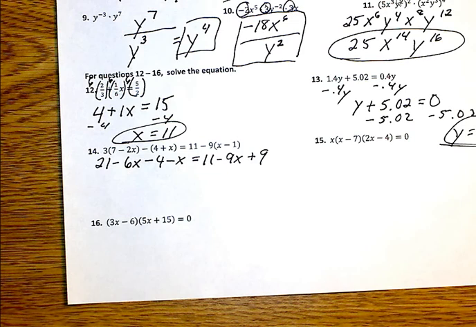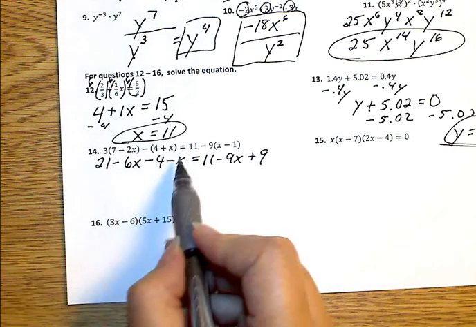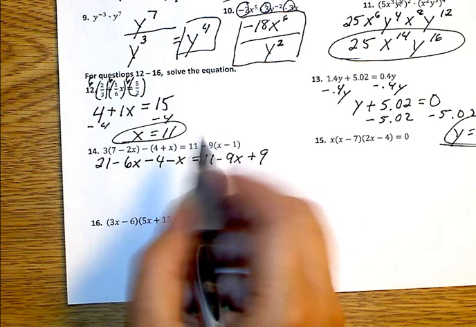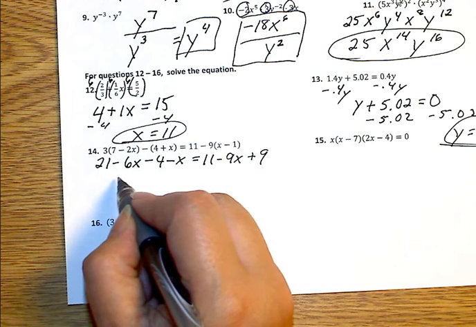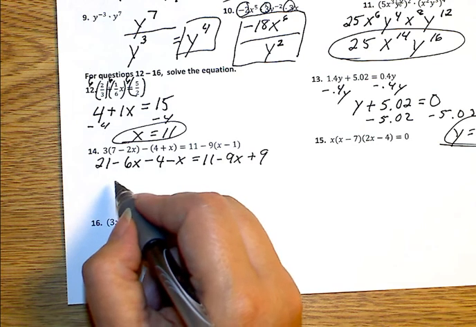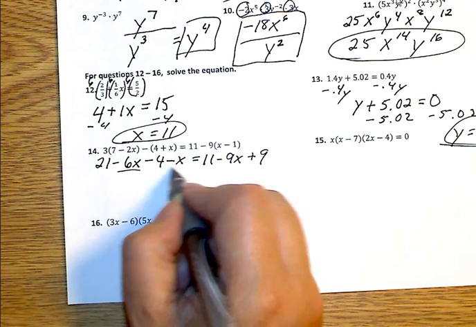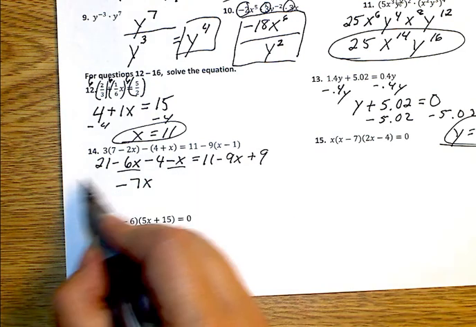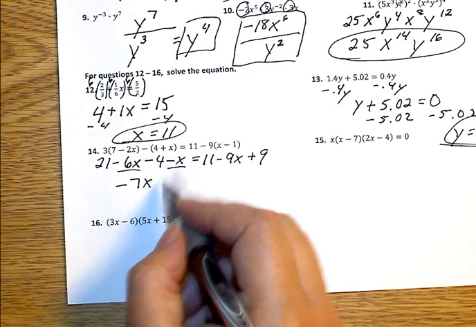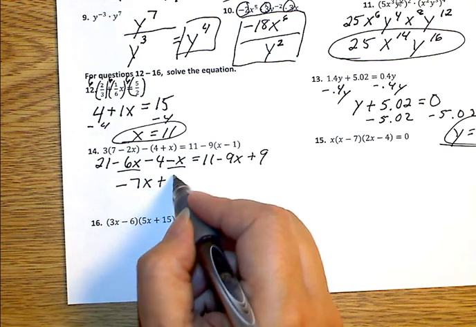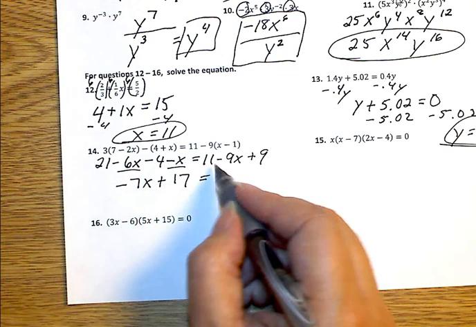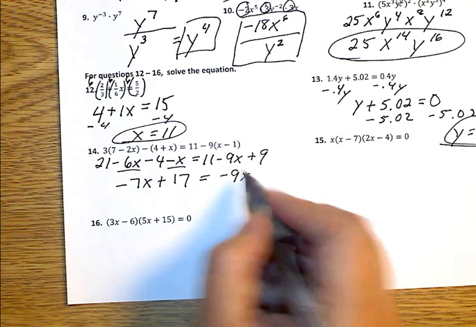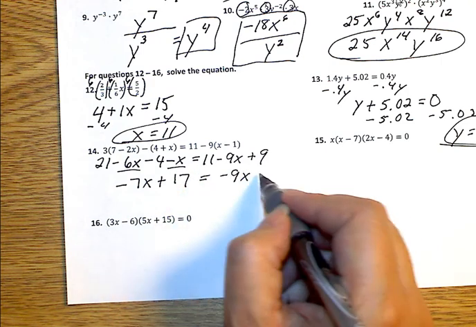At this point, what I would do is combine like terms. So my x's, I'm going to have negative 6x and a negative x, which gives me a negative 7x. 21 minus 4 is 17. And I have a negative 9x, 11 and 9 is 20.